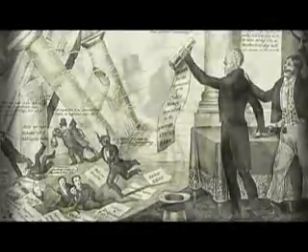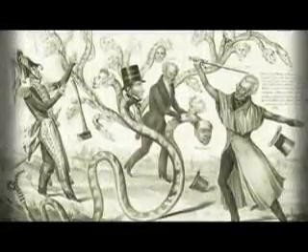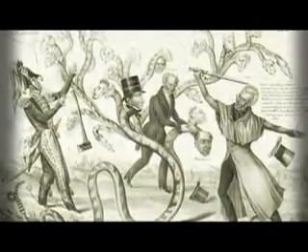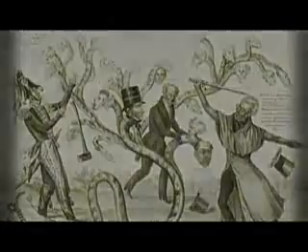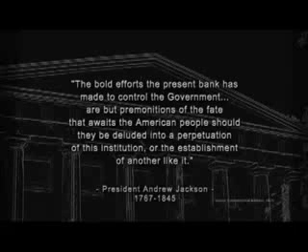In fact, the last time in American history the national debt was completely paid off was in 1835, after President Andrew Jackson shut down the central bank that preceded the Federal Reserve. Jackson's entire political platform essentially revolved around his commitment to shut down the central bank, stating at one point, "The bold efforts the present bank has made to control the government are but premonitions of the fate that awaits the American people, should they be deluded into a perpetuation of this institution or the establishment of another like it."